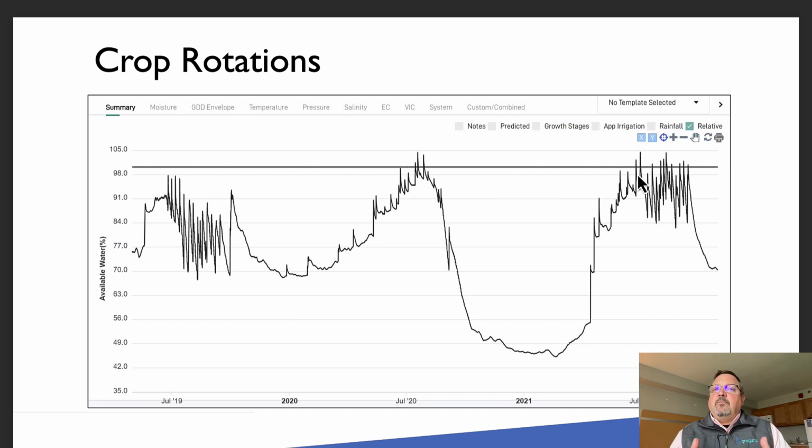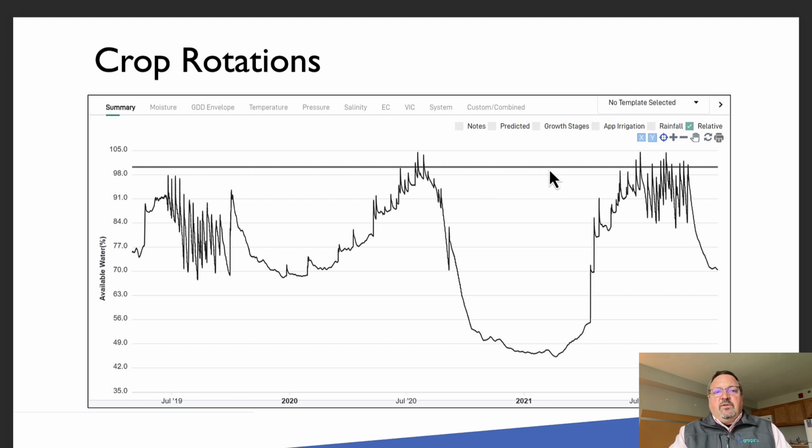You see, if we're going to be building a high yield production goal, we have to know that we have the ability to develop a deep, deep root system. And when we're thinking about that deep root system, it means that we have moisture all the way through the profile every year. We can't just guess. This is simply too risky to guess on.